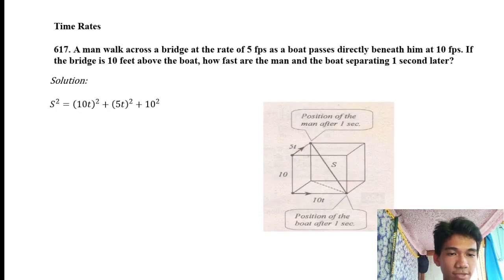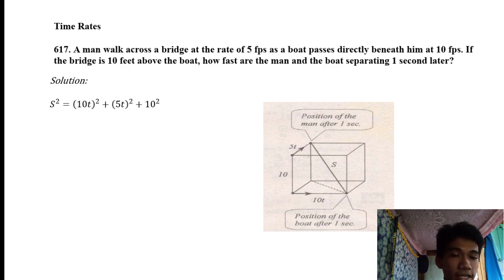So makita nato diri sa diagram nga both sila na pass directly, then naay tao dito sa taas sa bridge nga nagawalk siya with a rate of 5 fps, and then ang boat nga naglabay po sa bridge which is the 10 fps.